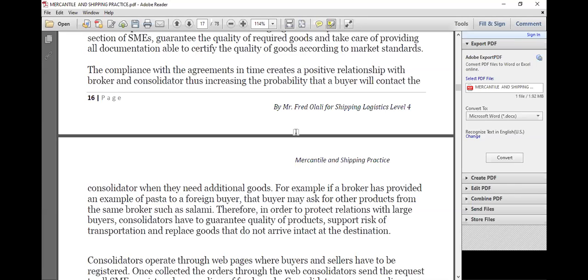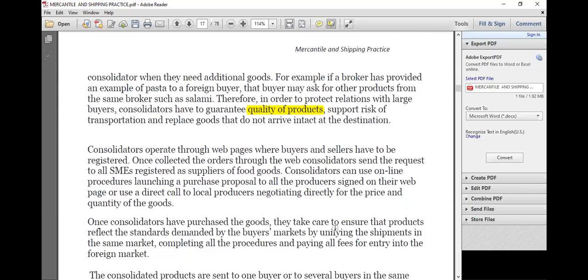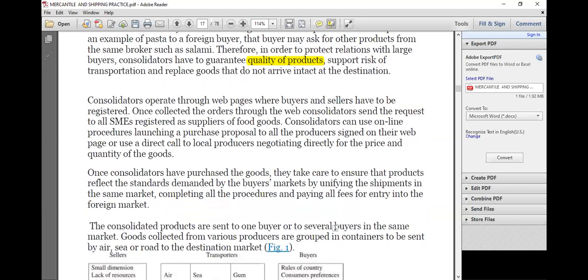These are just example products. Therefore, in order to protect relations with the large buyers, consolidators have to guarantee quality of products. So this is a very important thing, by the way. In international trade, don't provide anything below the required quality standard, or else it will be returned. So support the risk of transportation and replace goods that do not arrive intact at the destination. So in case the goods you shipped do not arrive in the required standard, you'll be in a position to replace them.